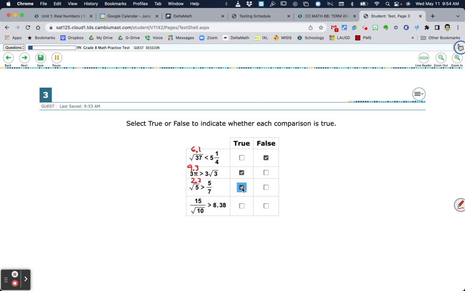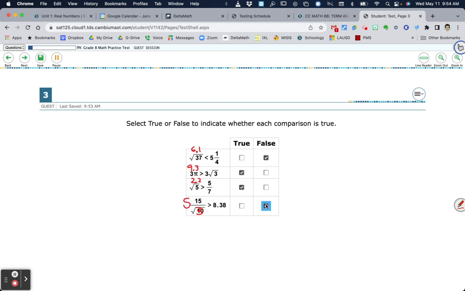Yeah, this is close to 9. So this is about 3. What's 15 divided by 3? 5. So this is about 5. Maybe 5.3 at most. Is it greater than 8.38? Nope. So that one's false.